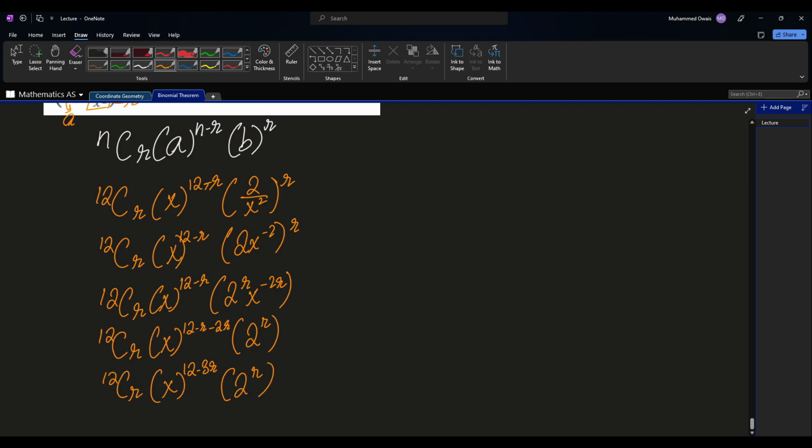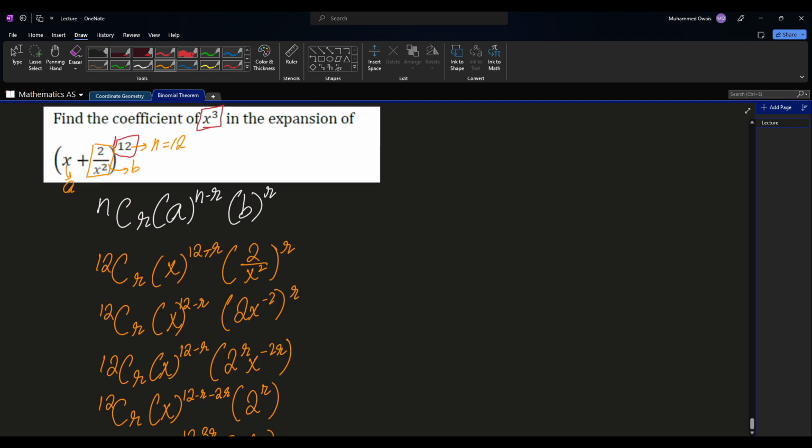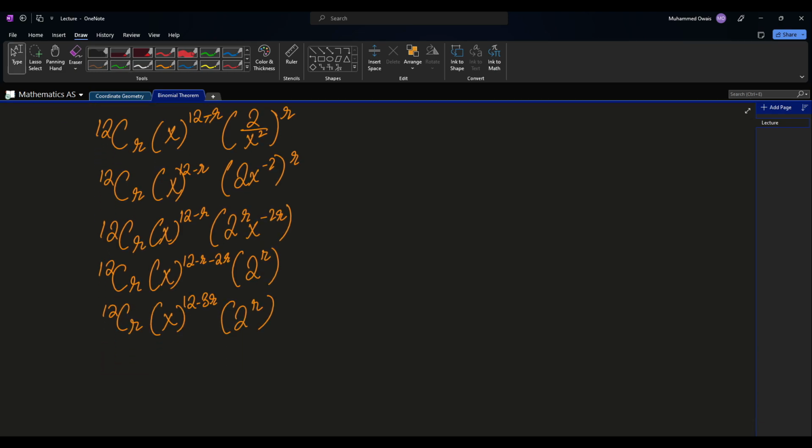Now then, our goal is to have an x with a power of 3. However, as of right now, the power of x is 12 minus 3r. So we can equate this to 3, right? We want the power of x to be 3. So we say that 12 minus 3r is equal to 3. Now then, we can just resolve this. 12 minus 3 is equal to 3r. 9 equals 3r.